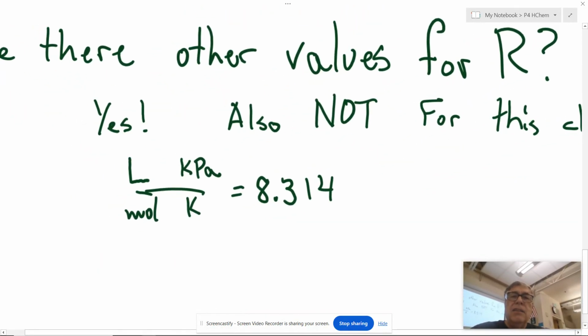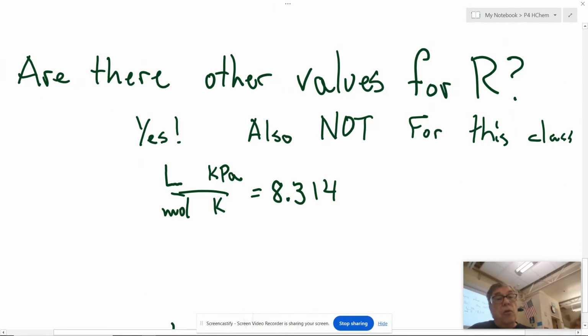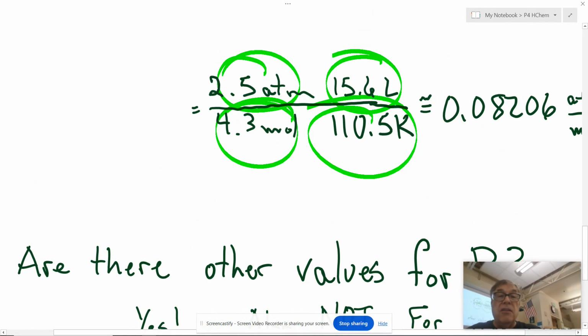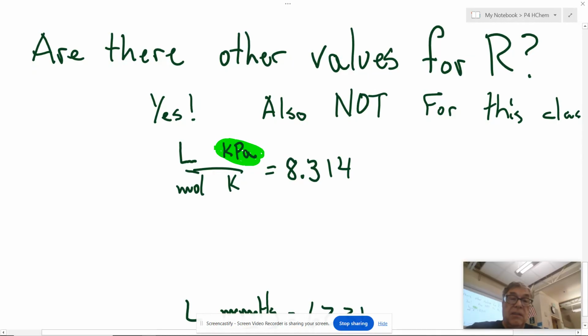Are there other values for R? Yes, but you don't need them for this class. All you would have to change, of course, is the unit of pressure, and you're going to have a different value for R. So for us, the important thing to understand is that if you see kilopascals, we're going to be changing that to atmospheres, because our value for R that we are using on a daily basis has the unit atmospheres in it.